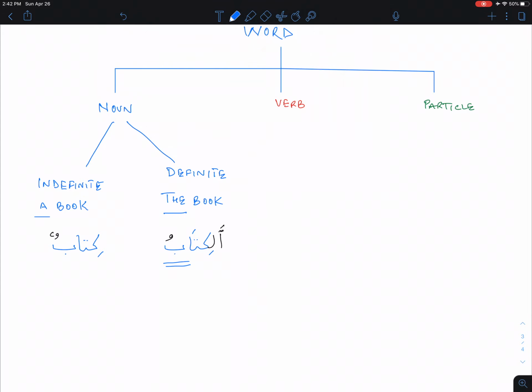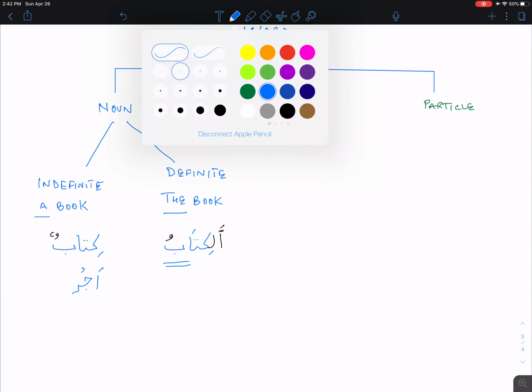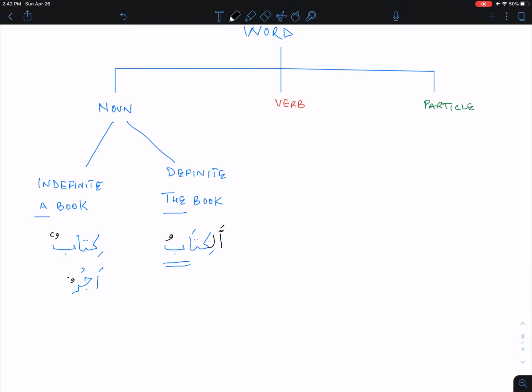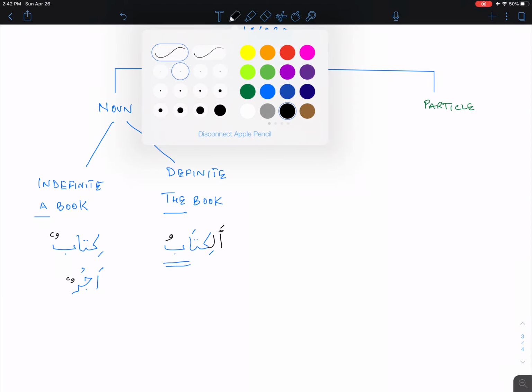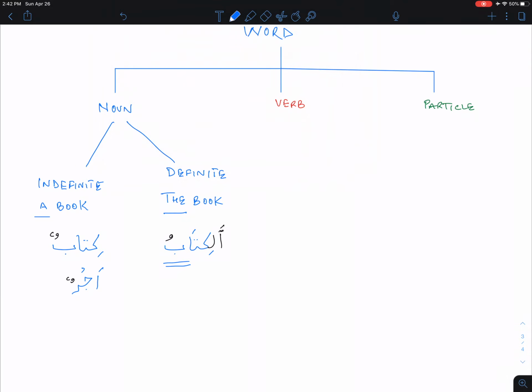Now let's take more examples. We can take a word like ajrun, which commonly comes in the Quran. Ajrun is indefinite. Again, I'm going to fix the ending here. So that's ajrun, and going back, I write this word again, showing you how this is going to change.